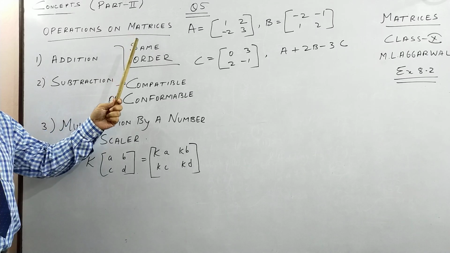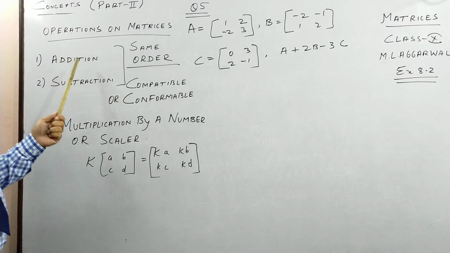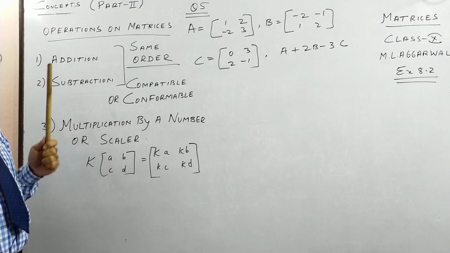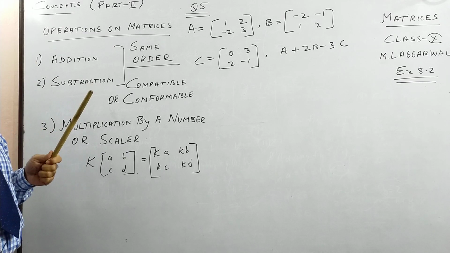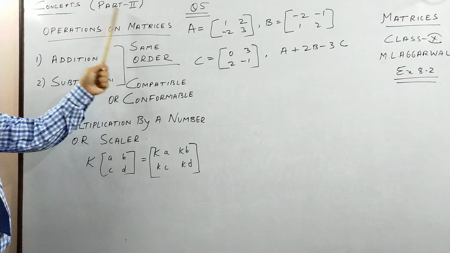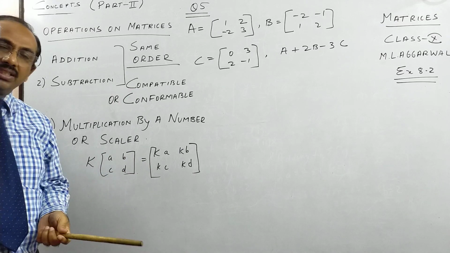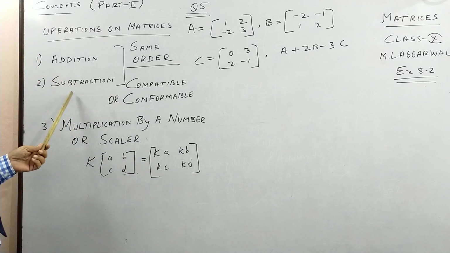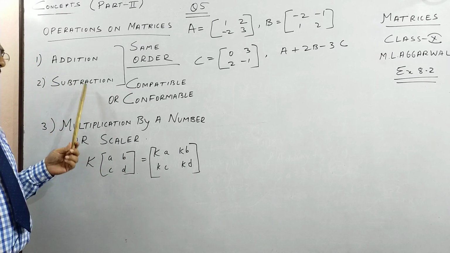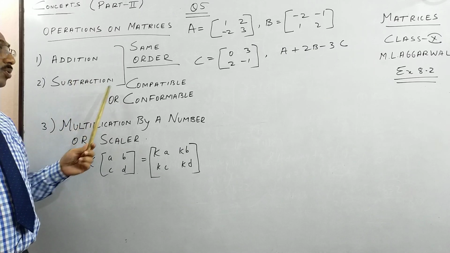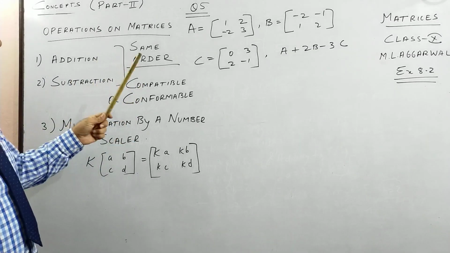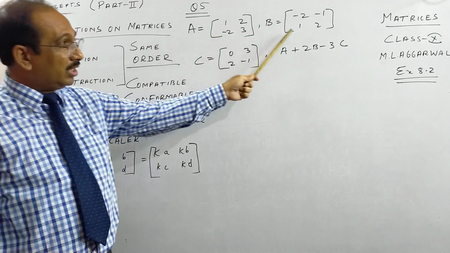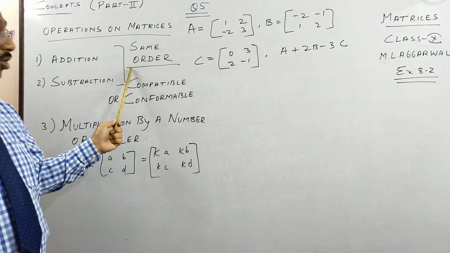Operation on matrices. As I told you in the first part, we have addition and subtraction, and the most important thing is multiplication, which will come in part 3, where you have most of the ICSE questions. Addition and subtraction are only possible if the matrices have the same order.